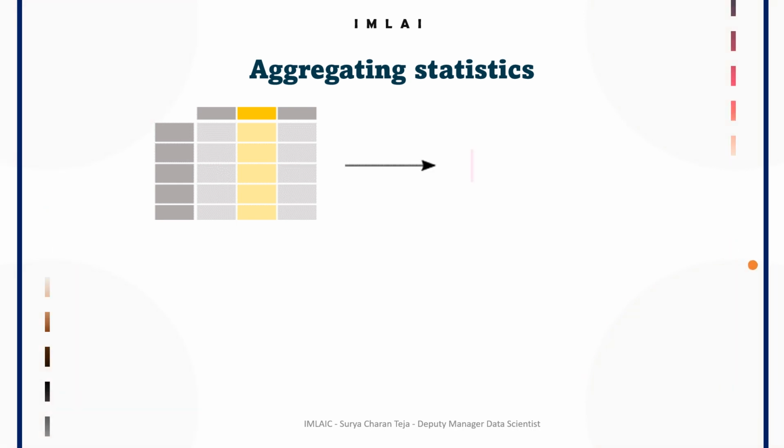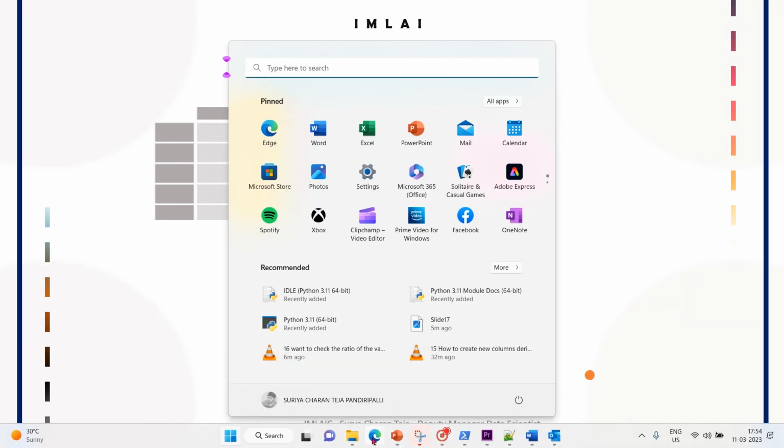That is called aggregating the series. So here I'm adding all these yellow colored series values, and I'll get the aggregate value as this pink one.